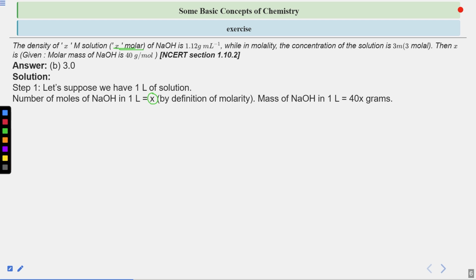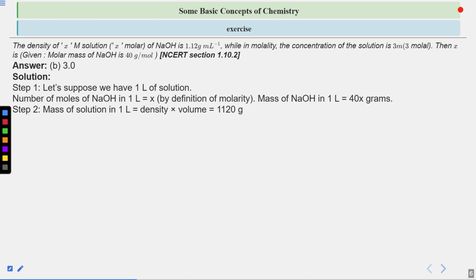Now, if there are X moles of NaOH, then what is the mass of NaOH in X moles? That would be very simple. It would be molar mass multiplied by the number of moles. So by doing this, you can get the mass of NaOH in that 1 liter. So I'm doing that same thing here also.